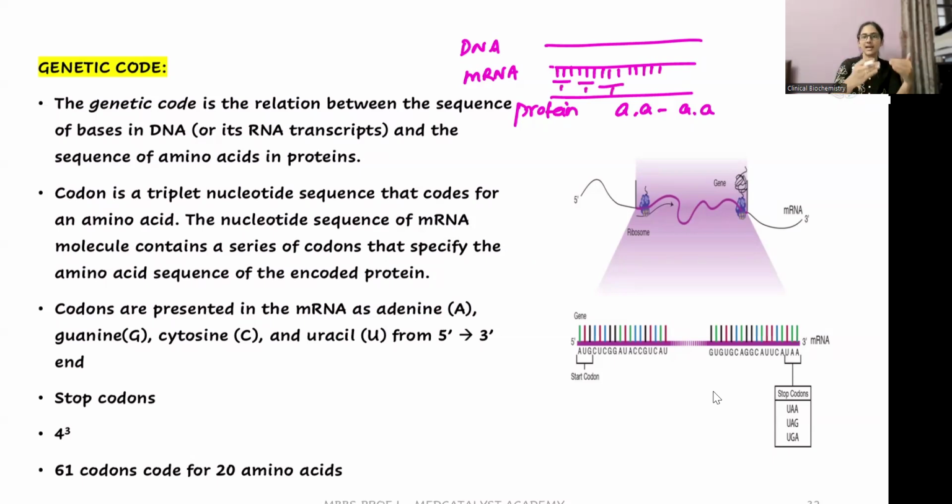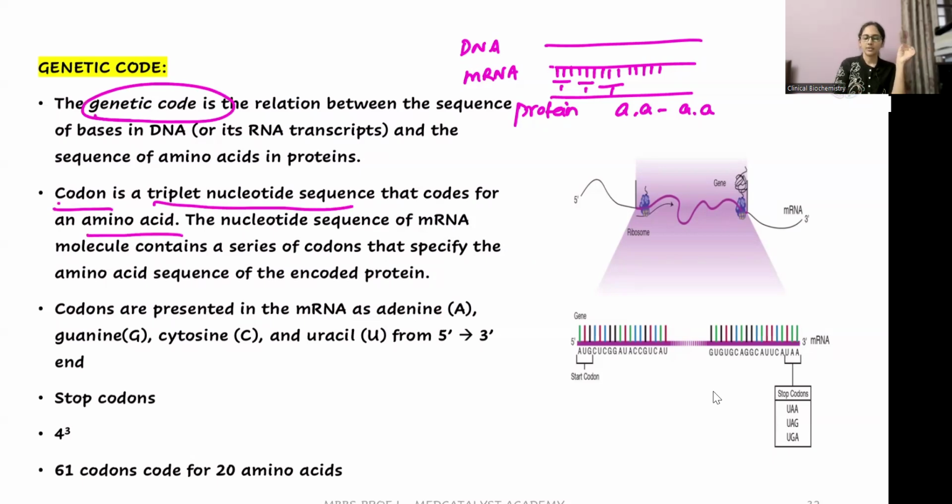Likewise, based on this language of mRNA, the codon language, the amino acids are recruited and linked together to form the polypeptide chain and further the protein. So this is the relation from DNA to mRNA to protein. That is what is depicted by the genetic code. So what is a codon? A codon is a triplet nucleotide sequence that will code for an amino acid.